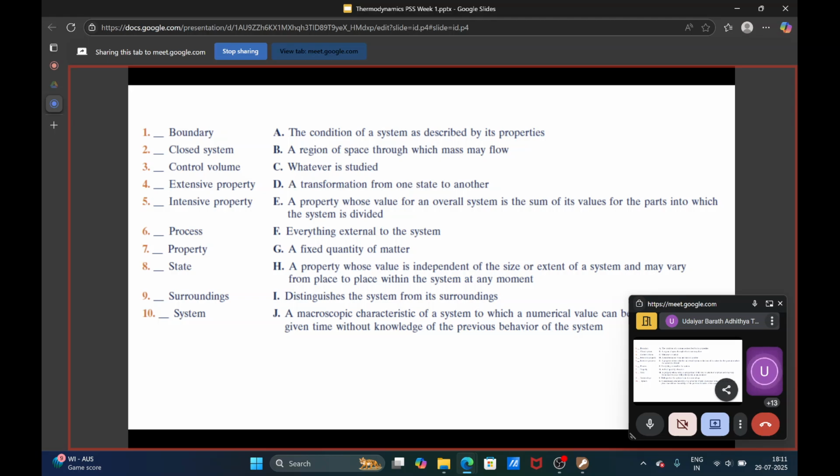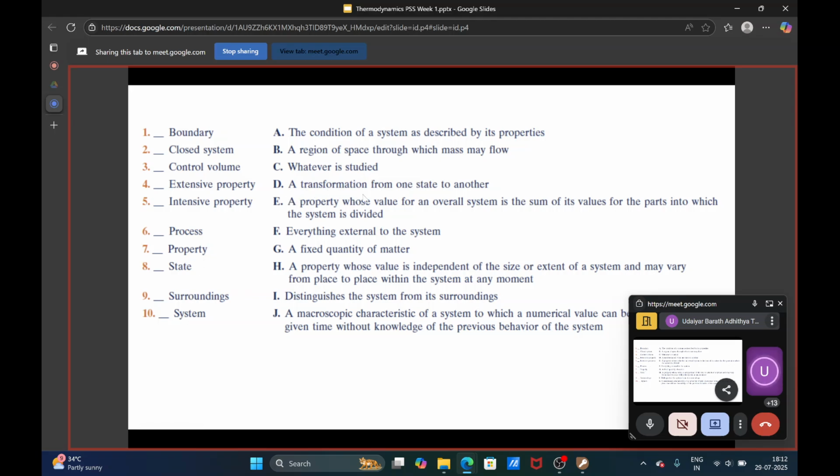You define a boundary of a fixed space, area, or volume, whatever you define. That is your fixed focus of the system, so it is a control volume. You are controlling the volume, that's why control volume. Whatever is studied, that is your system.